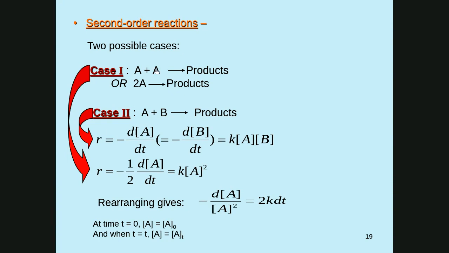molecules. According to our convention that we have already established, we formulate the rate as the rate at which the concentration of A decreases, so dA by dt with a minus sign, multiplied by 1 over the stoichiometric coefficient, which is 2 in this case.